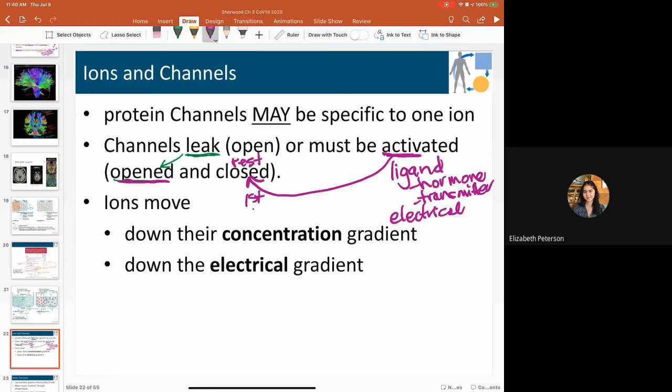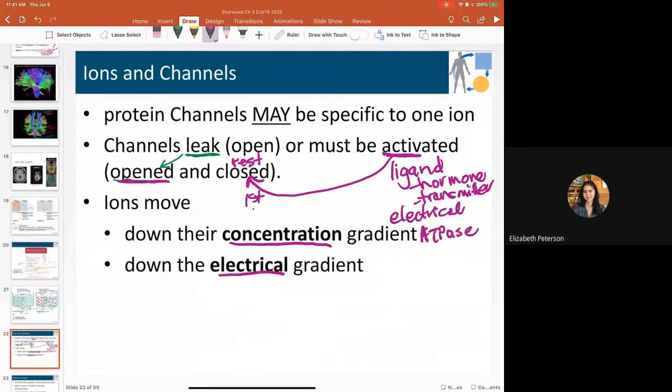We introduced electrical concentrations. We introduced the electrical gradient. Sodium moves down its electrical gradient from the positive charges on the outside of the cell to the negative charges on the inside of the cell. Sodium moves down its concentration gradient from high sodium outside to low sodium inside. And that concentration gradient is maintained by an ATPase.